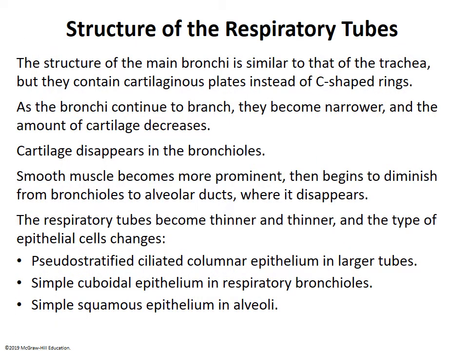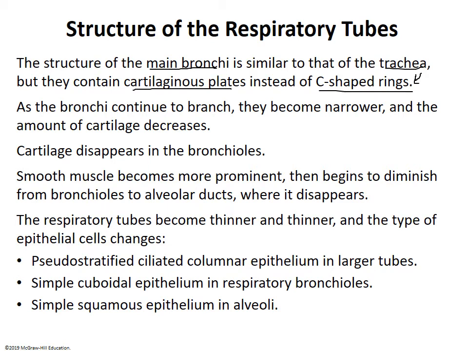So when we start looking at the bronchi and the little tubes, they're going to continually get smaller. So we start off with the trachea, and it's got these pretty large C-shaped rings. In the trachea, the rings are pretty solid. Once it gets into the main bronchi here, those rings will turn into cartilaginous plates.